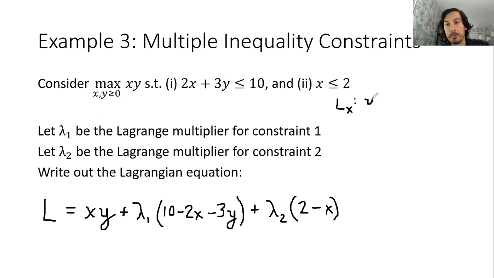From the term lambda 1 times 10 minus 2x minus 3y, we get minus 2 lambda 1. And from lambda 2 times 2 minus x, we get minus lambda 2. And that whole thing equals 0. That's the first order condition.